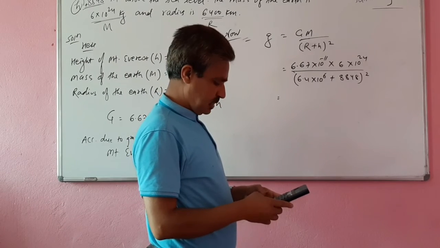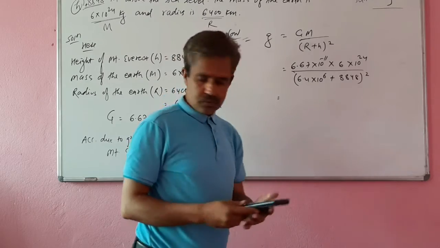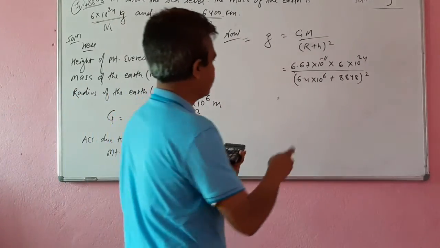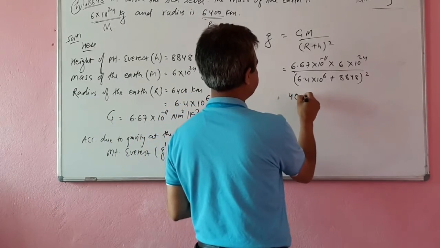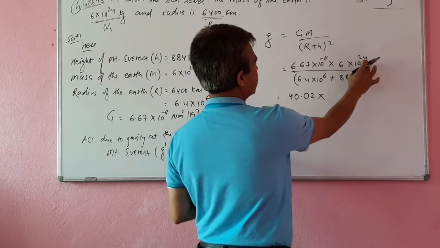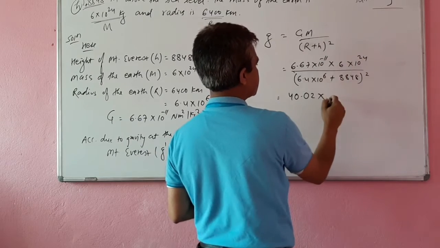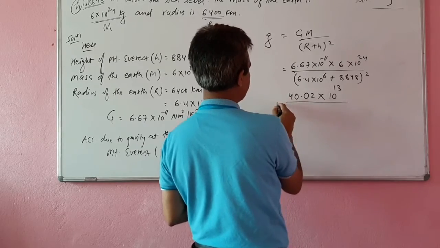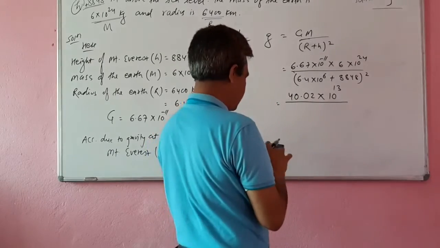Now let me multiply. 6.67 multiplied by 6 comes 40.02. 40.02 times 10 to the power minus 11 times 10 to the power 24, means 24 minus 11 is 13. Very easy idea. Now down, what to do? Here we have to add everything.